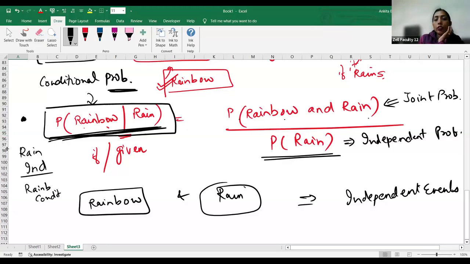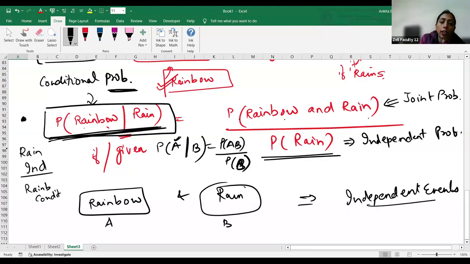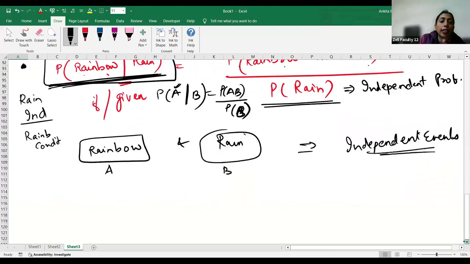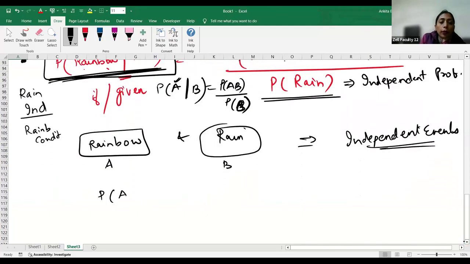So for a conditional event, we said probability of A, where A is the conditional event, given B, is equal to probability of A and B divided by probability of B. Now I am saying that the events A and B both are independent events. And then if I want to calculate probability of A given B, what do I get?